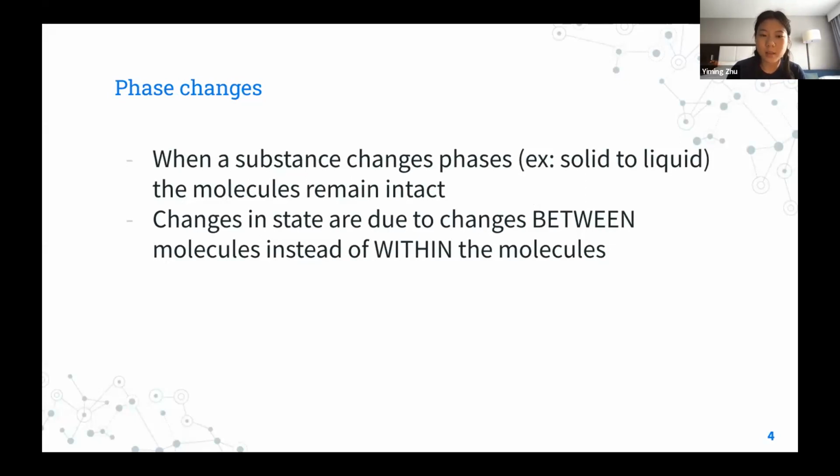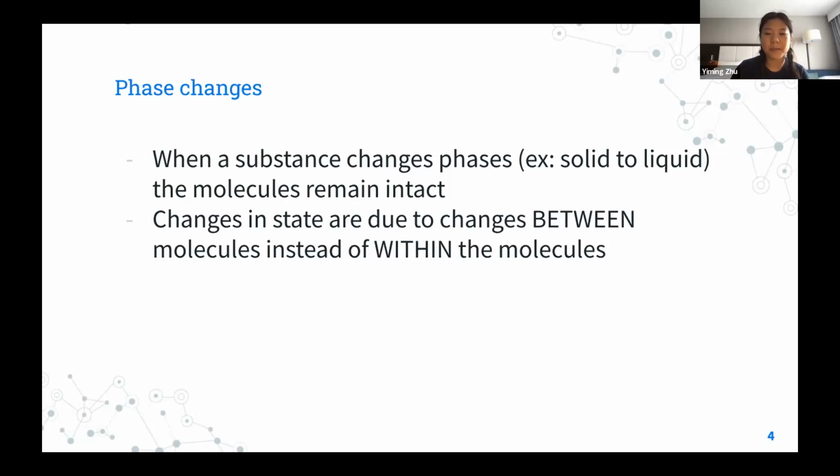So for example, a solid to a liquid. However, during this, the molecules remain intact. So there's no breaking of any chemical bonds, no reactions happen, and these changes in state are due to changes between the molecules, so intermolecular interactions rather than within the molecules, which would have been intramolecular.